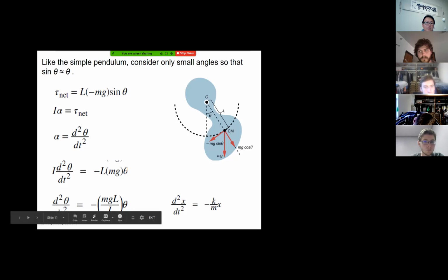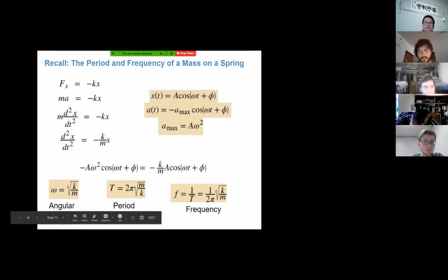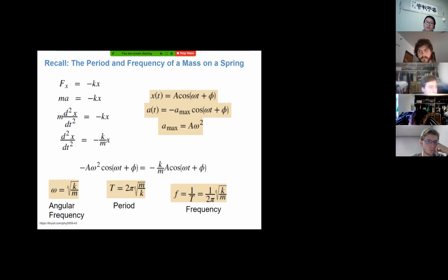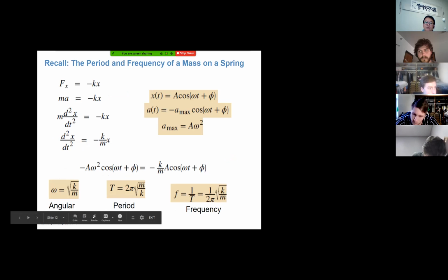So for the simple harmonic motion, we had the solution as this if we use a sine or cosine function. x as a function of t should be equal to amplitude A times cosine of omega t plus phi. Then you can work out the other quantities from that point on, and you can also figure out the angular frequency, the period, and the frequency as well.